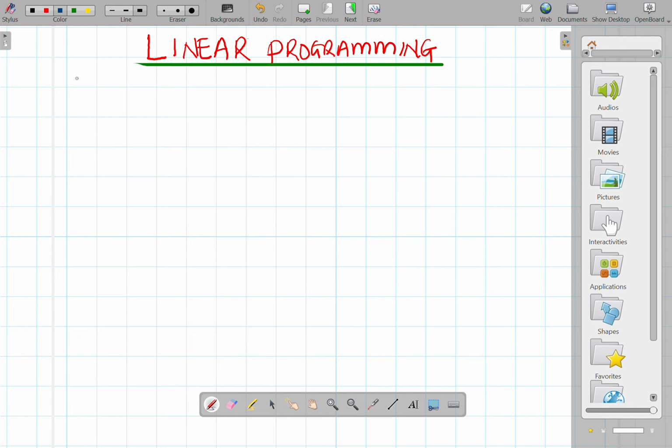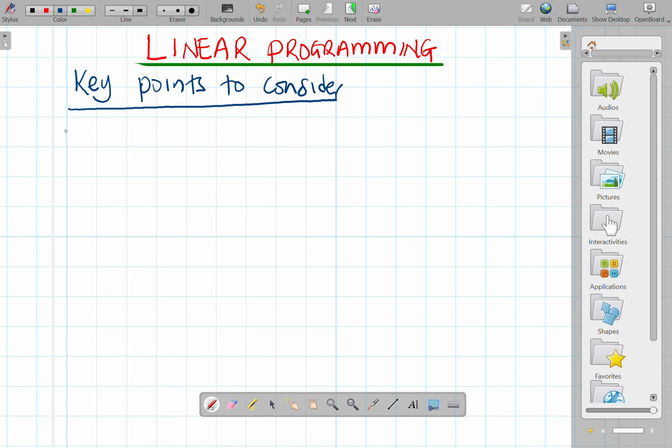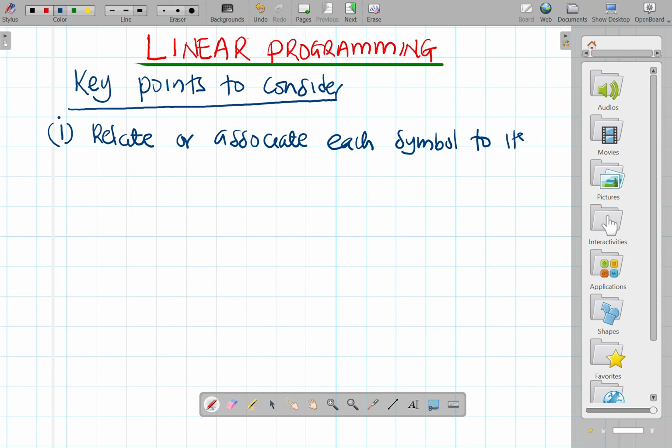Key points to consider. One, relate or associate each symbol to its correct line.